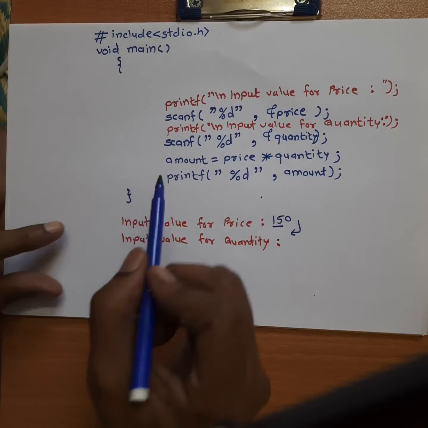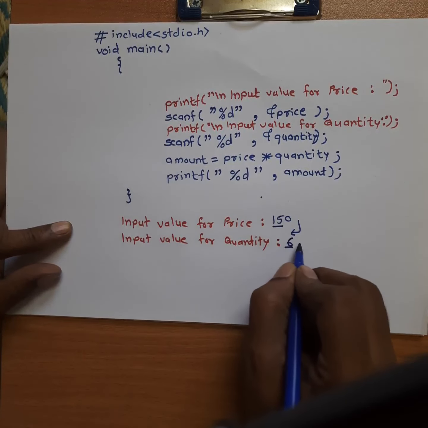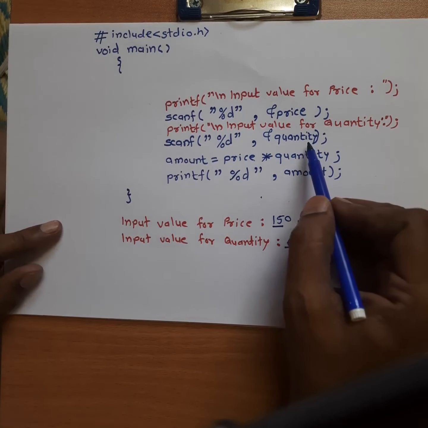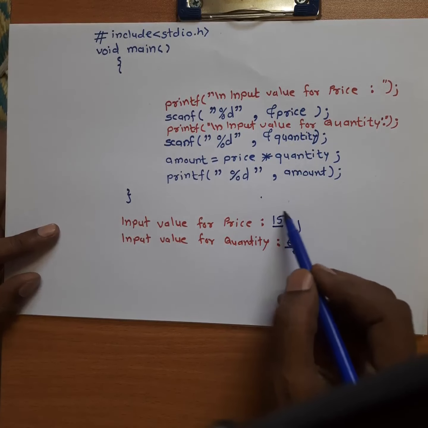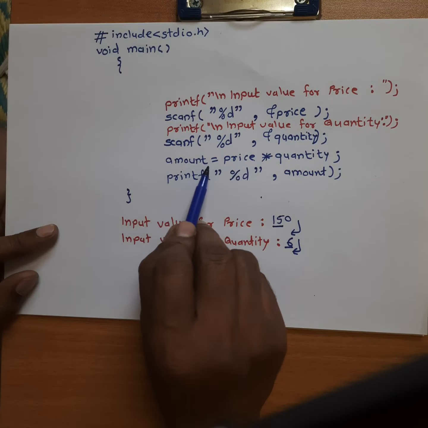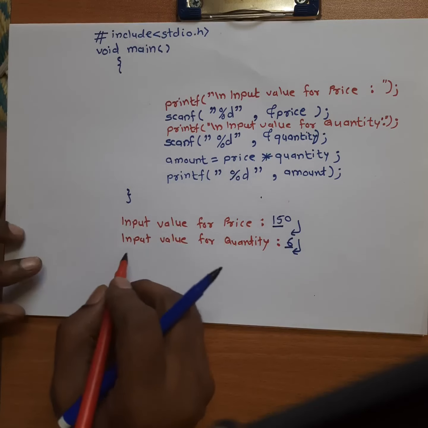Then the next statement is the scanf statement, so it gives me a blinking cursor. If I input 6 and press the enter key, this 6 will be given to quantity. Red part the computer will give you, blue part you have to do. Then it will calculate amount, that is 900, and this will display 900.